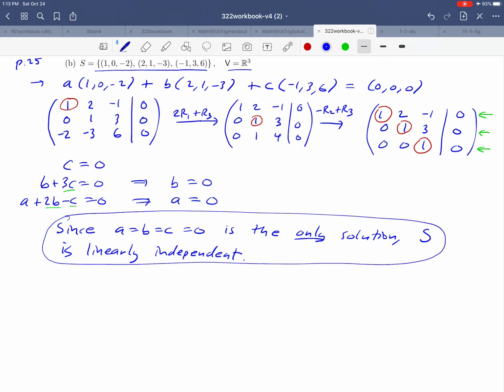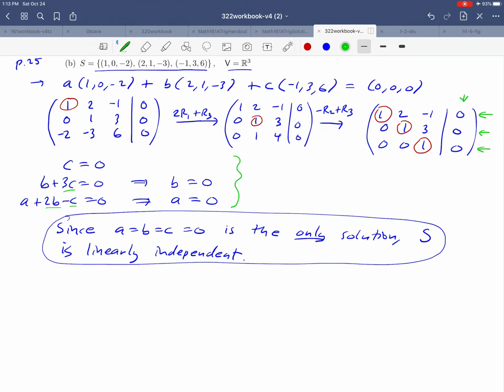But I want to make a comment here because we can really shorten this process if we think about this a little bit. The fact that we had a pivot in every single column of this matrix told us that we have no free variables, and anytime that happens and you have zeros on your right-hand side, you're always going to discover that all of the variables have to be 0.